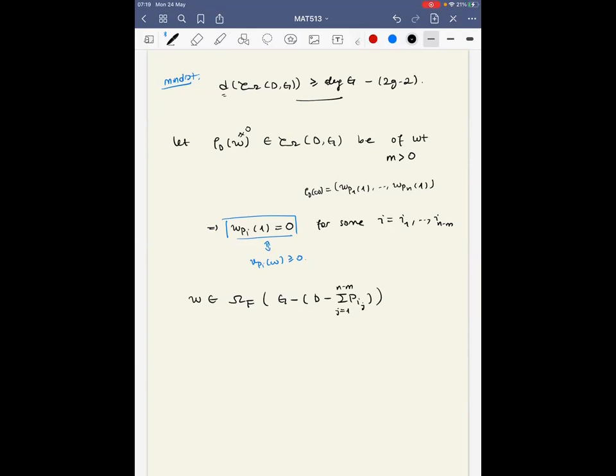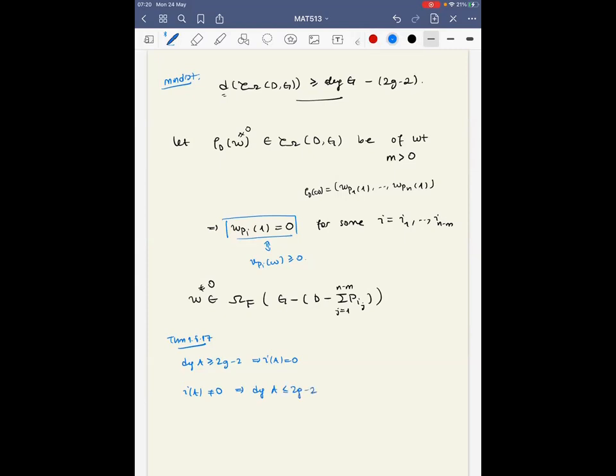And since this is a non-zero Weil differential, let me remind you quickly of theorem 1.5.17, which tells us that if the degree of a divisor is bigger than or equal to 2g minus 2, the index of specialty is 0. So if we take the contraposition of this statement, we can see that if the index of specialty is non-zero, then the degree is less than or equal to 2g minus 2.